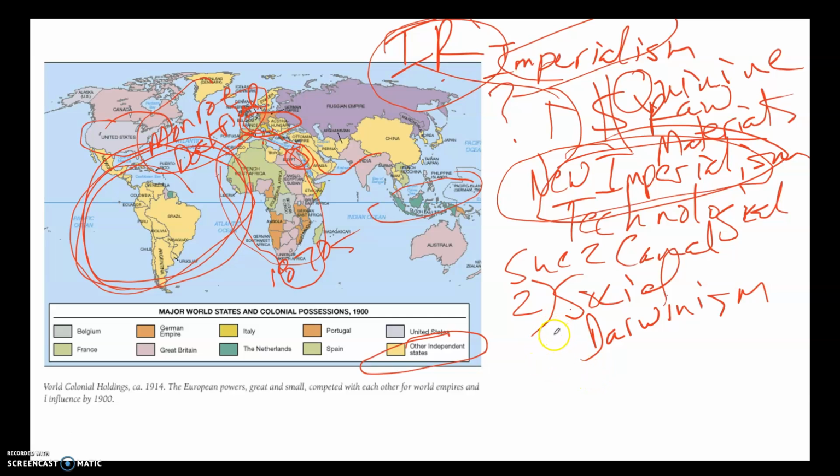So some Europeans take that idea and apply it to groups of people and say there are people that are more superior culturally in terms of intelligence, and those people they believe are the Europeans.